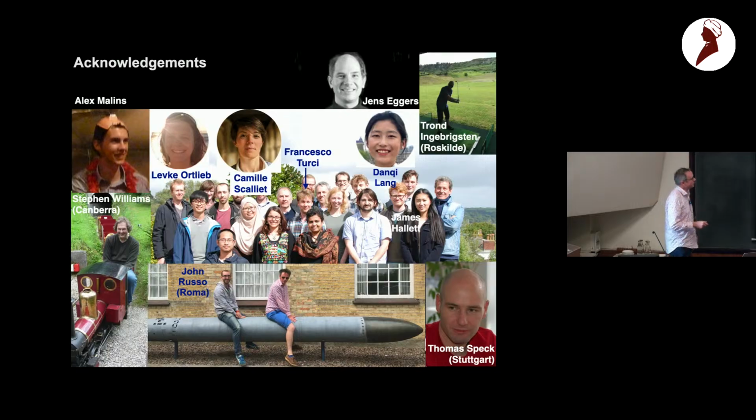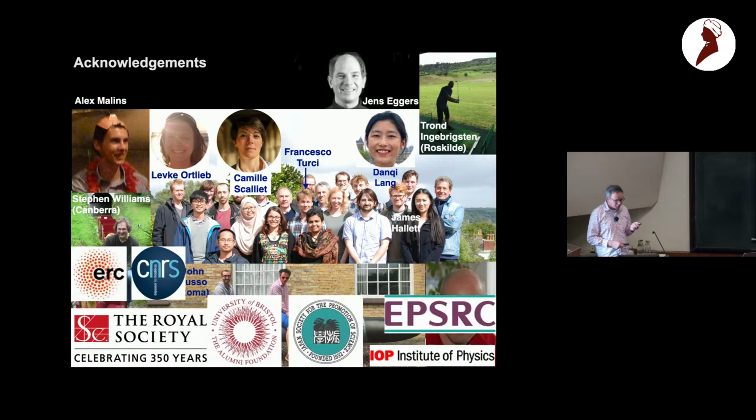I should particularly mention Trond Ingebrigtsen. I asked Trond for a photo. This is what he gave me. But anyway, there we go. Thomas Beck is a long-term collaborator in Stuttgart, and also Gilles is not named, but I will briefly mention some work that we did. Okay, so these are the bodies that paid for what I will talk to you about.